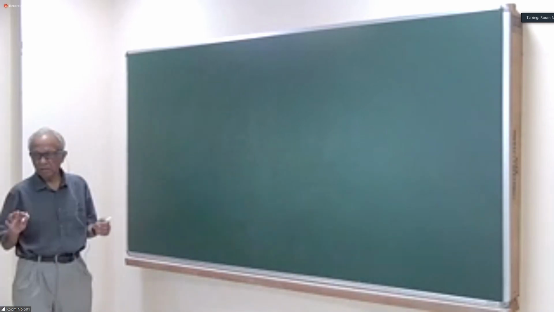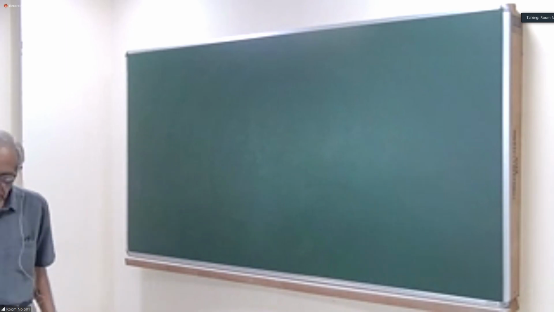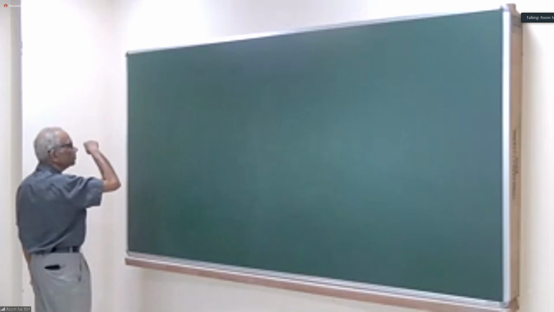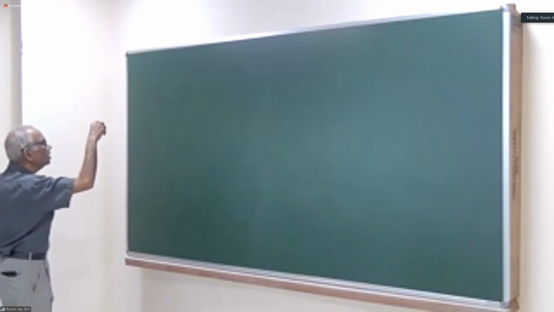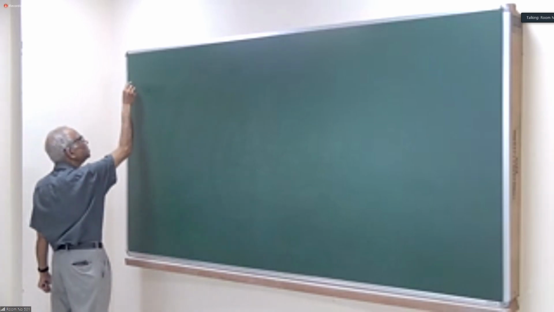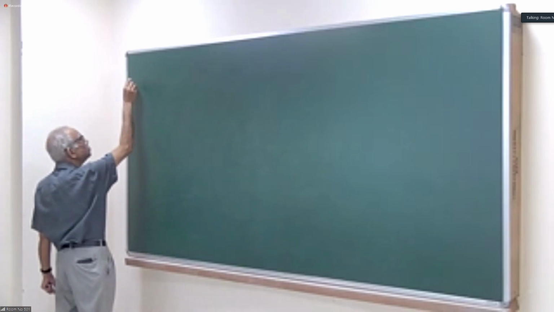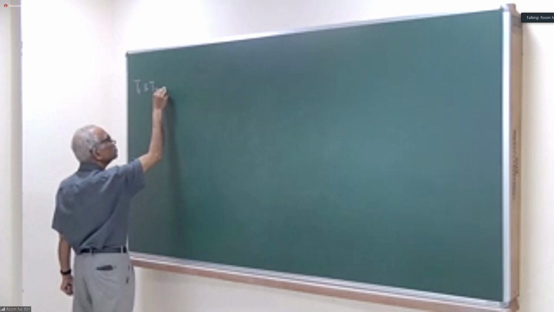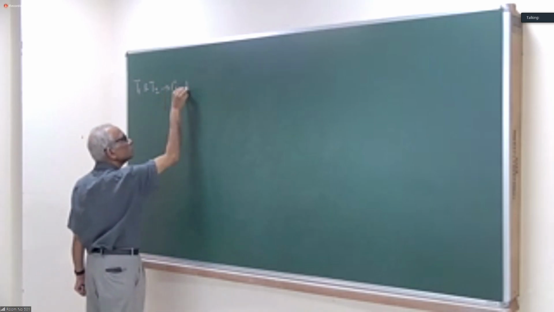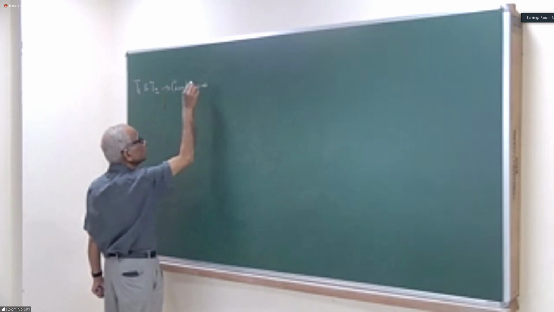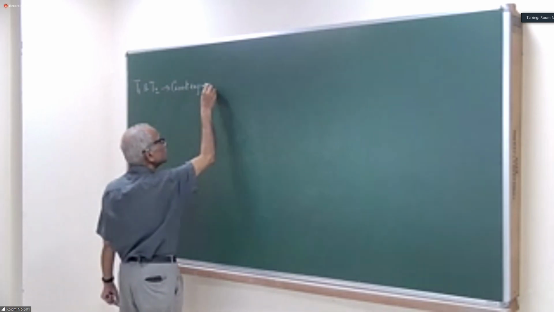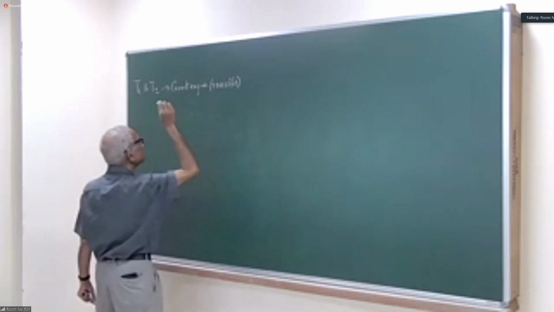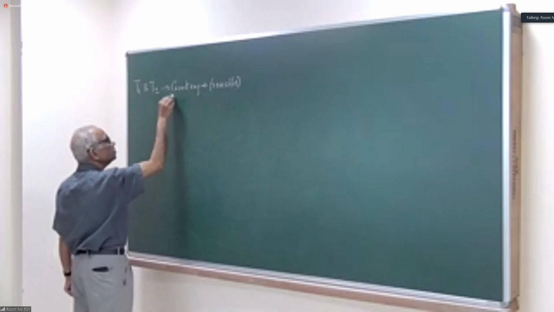So where we had stopped was towards the end of this Carnot cycle. We established that of all engines working between temperatures T1 and T2, the Carnot engine, because of its reversible property, was most efficient.